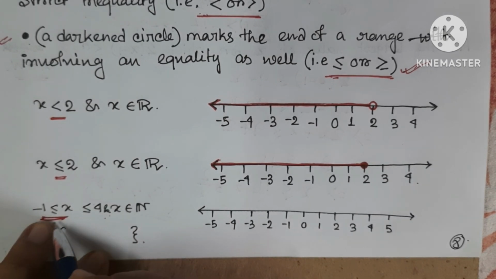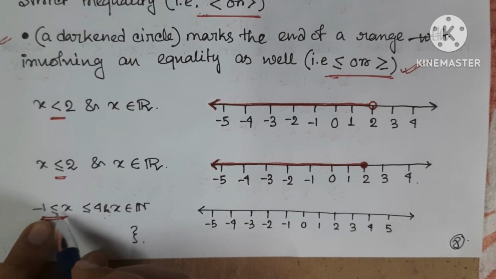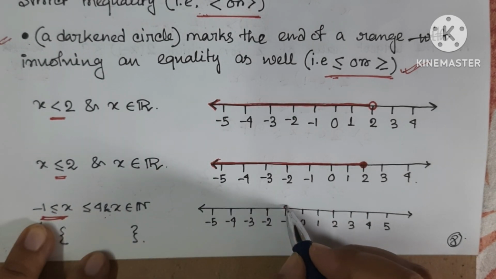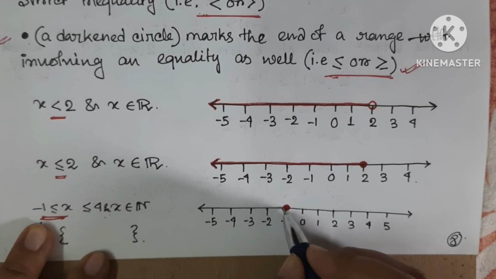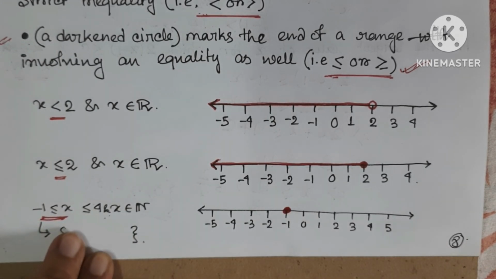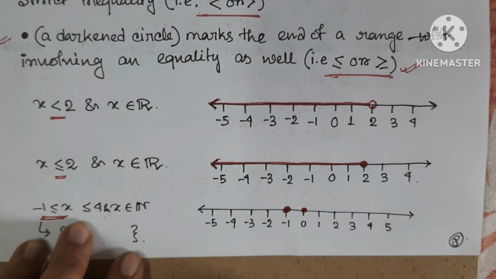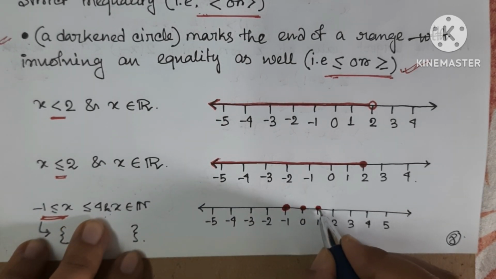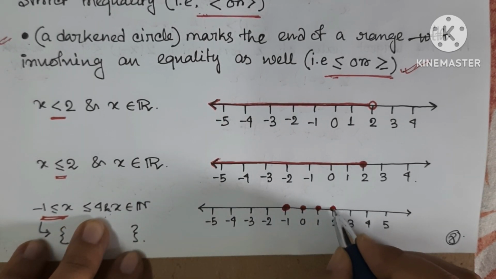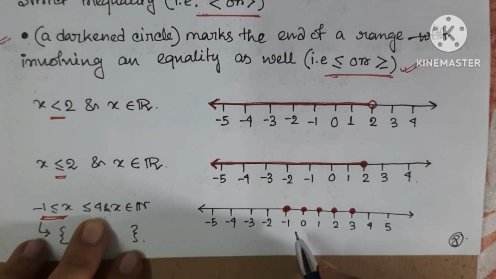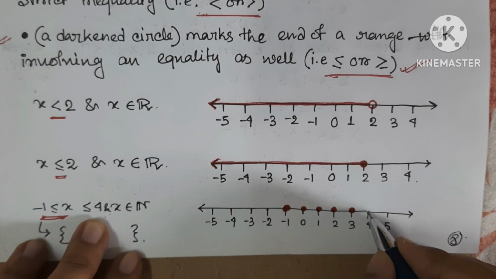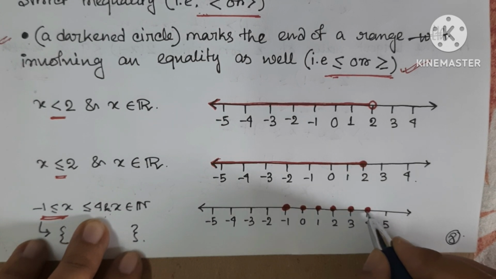First you have to choose minus 1, and here the less than or equal to symbol is there, so you have to darken this number. Minus 1 is included, and 0 is also included, 1 is also included, 2 is also included, 3 is also included, and 4 is also included.